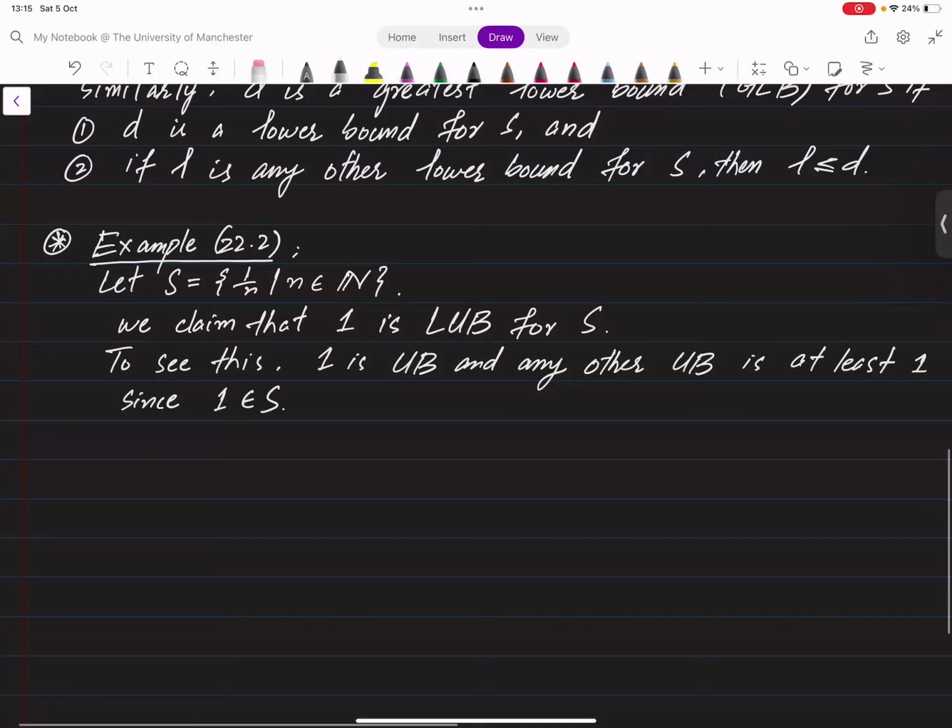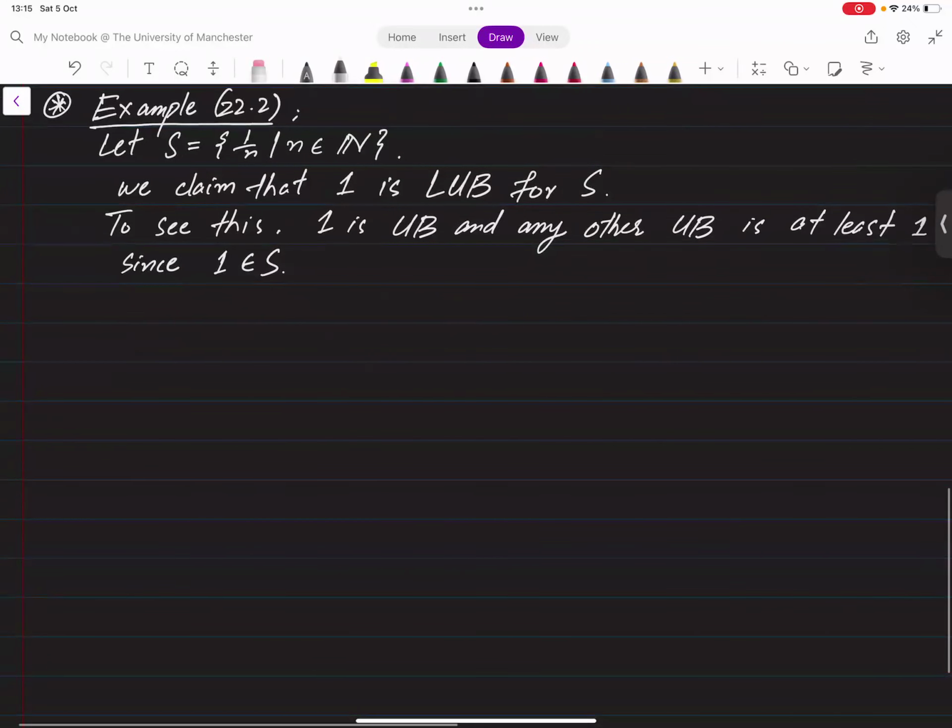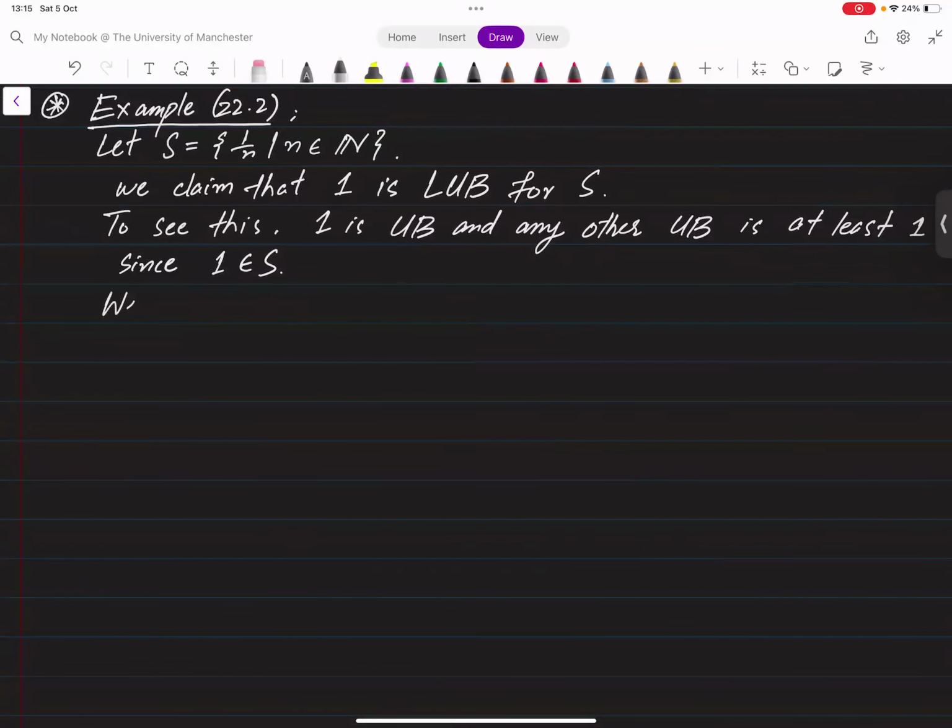We also claim that 0 is a greatest lower bound for S. This is not so obvious.